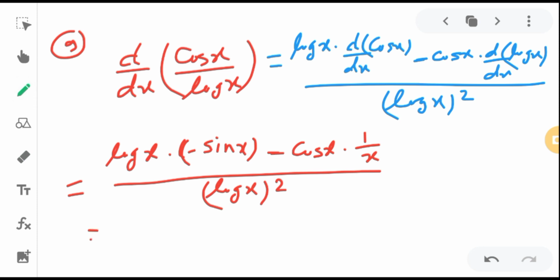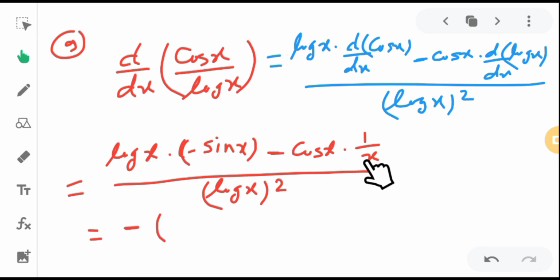So I can write this minus and minus. So minus I will take common. If minus I am taking common, then the first term is log x into sin x. So log x sin x I can write. Correct?